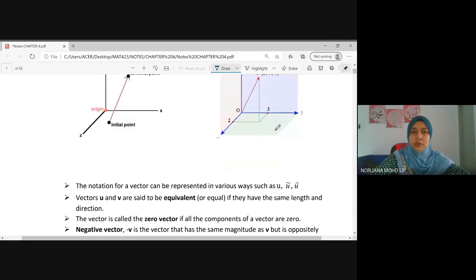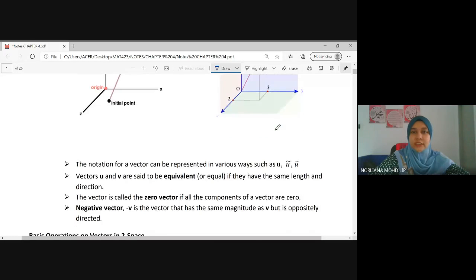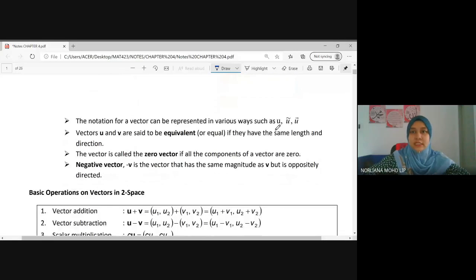The notation for a vector can be represented in various ways, such as this notation. This notation consists of the direction of a vector, the arrow and direction.